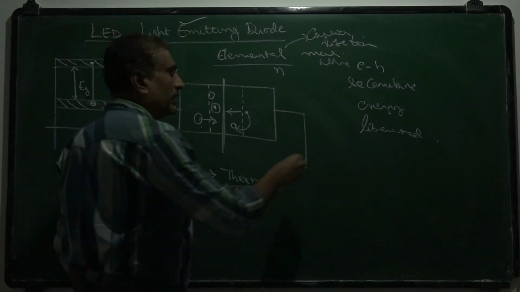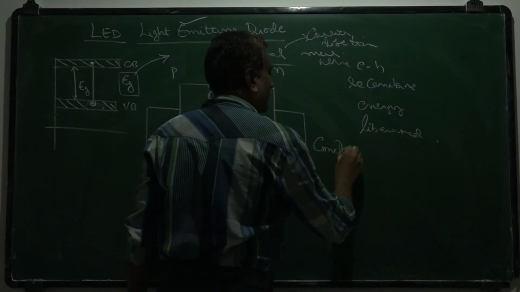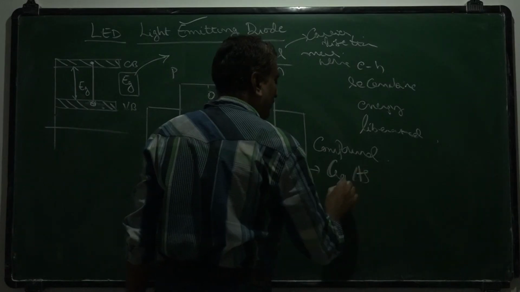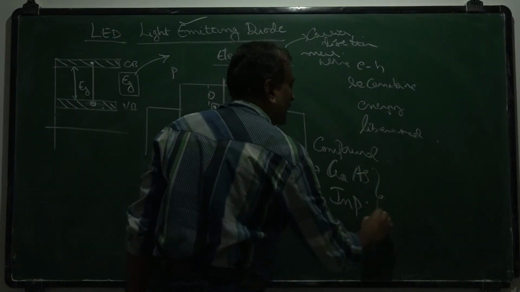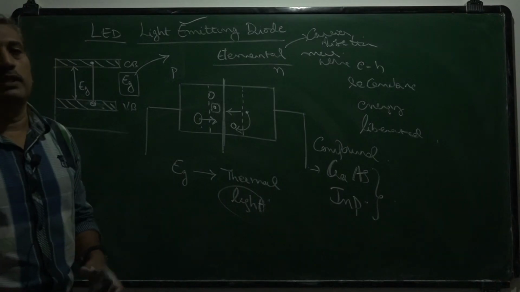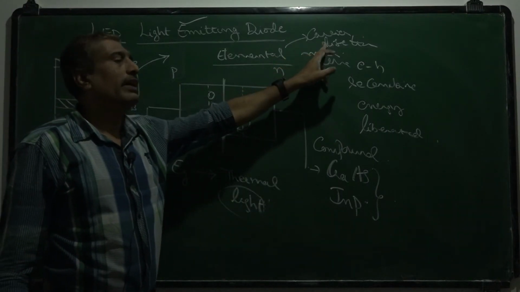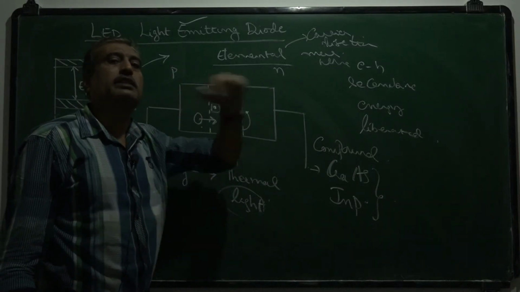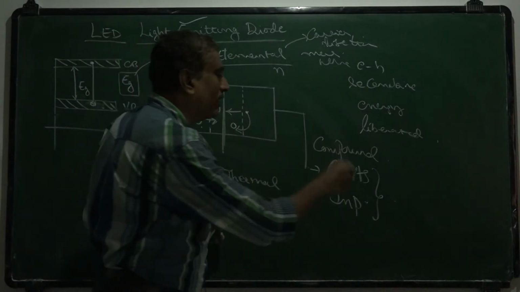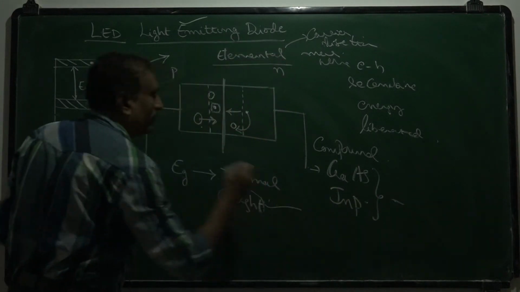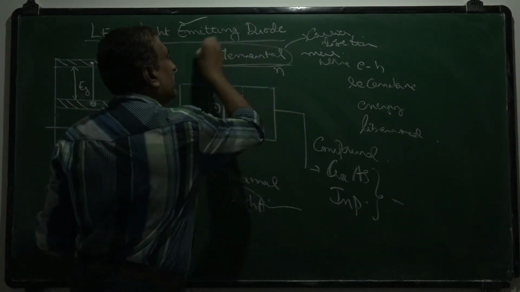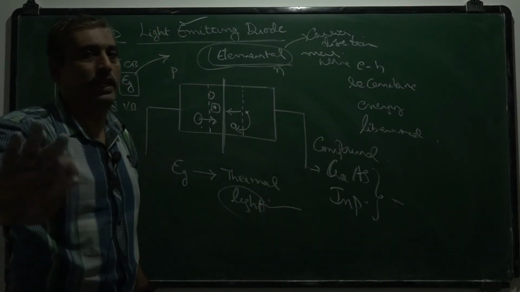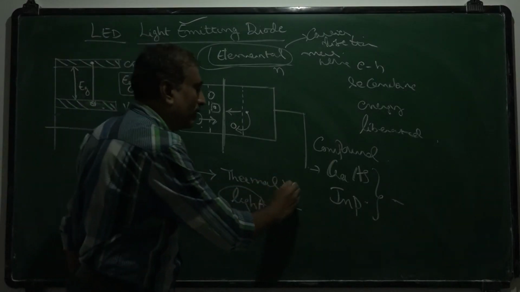Whereas compound semiconductors like gallium arsenide and indium phosphide have a shorter carrier lifetime. That means the probability of recombination of electron hole pairs is more, and they give the recombination energy in the form of light. Elemental semiconductors, silicon and germanium, won't liberate the excess energy as light. They give it as thermal energy.